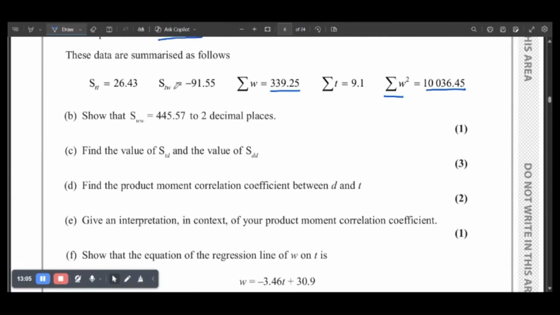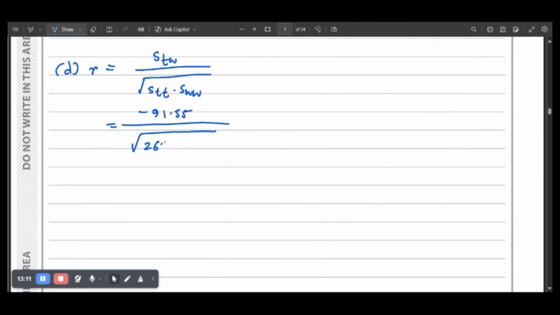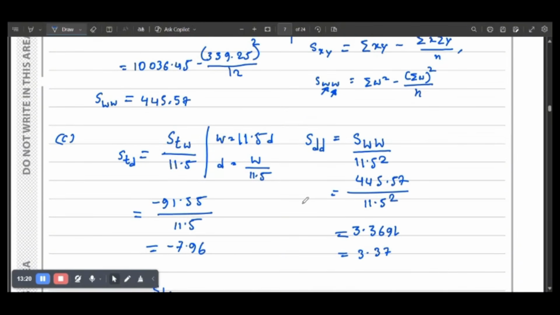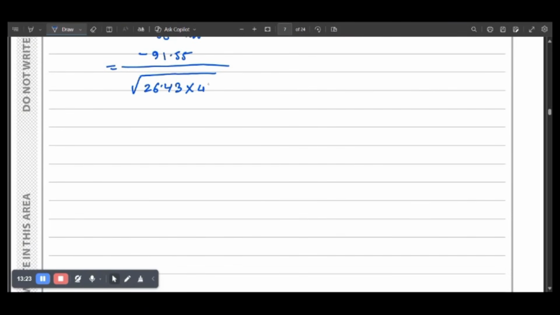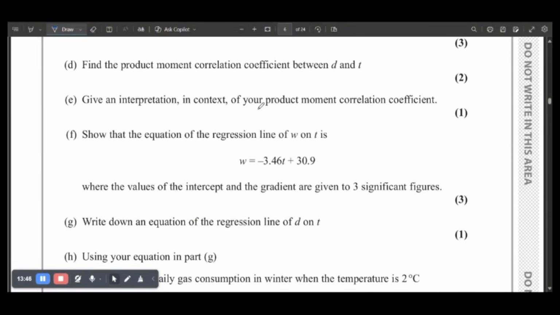STT is given as 26.43, into SWW, which will be equal to 445.57. If we find the coefficient, it will be equal to minus 0.844. This is our answer to part D. Let's move on.